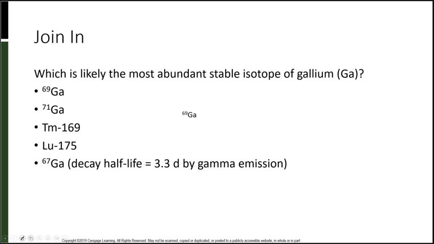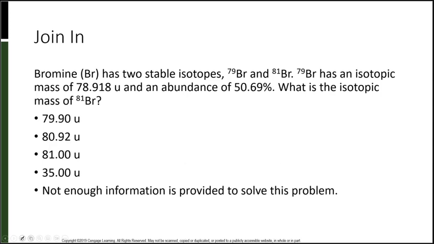Hopefully you got gallium-69 because its mass on the periodic table is 69.723, its average. So the greatest percentage probably is 69 as opposed to 71. How about this one? Take a second. Pause the video.